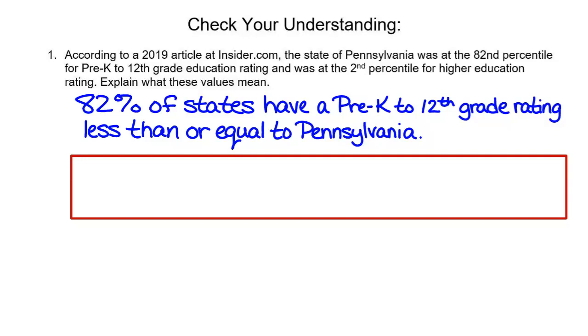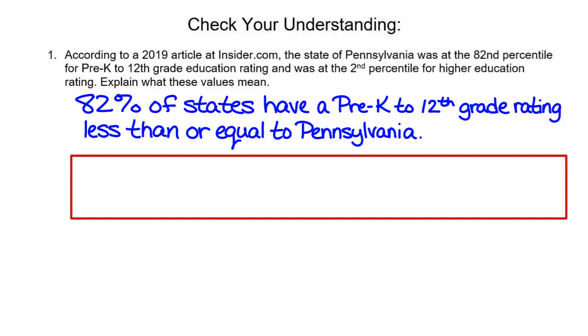What does it mean they're at the second percentile for higher education rating? Should they be proud of their 2% rating for higher education? Why not? Why is it bad? What's it mean?